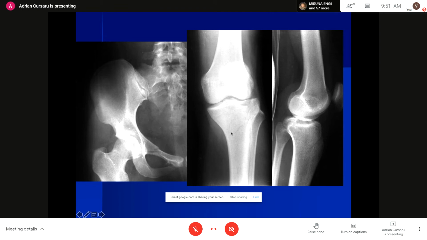Do you have a front view and a lateral view of the knee joint? Here we have the femur, femoral condyles, tibial plateau, and shaft of the tibia. And that's the peroneus, the head and neck of the peroneus. That's the patella.